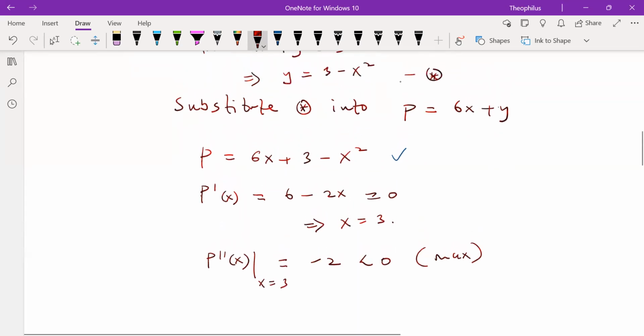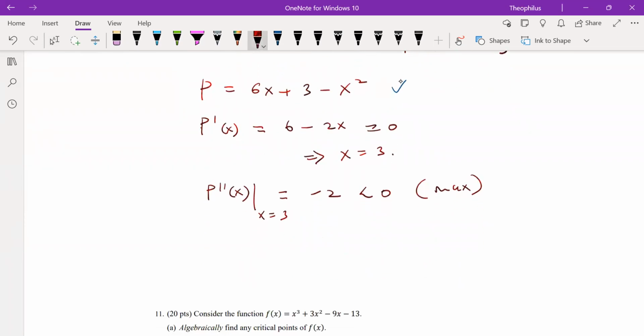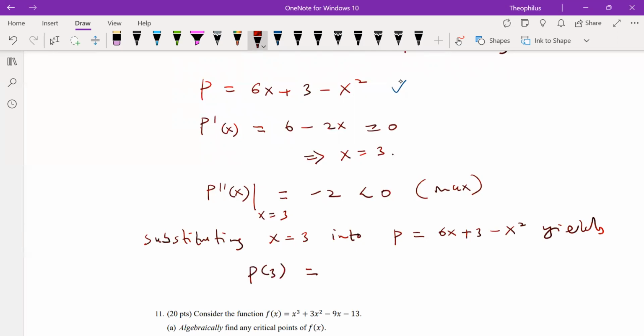But then to find its value, what we need to do is substitute this x equal to 3 into the main problem. So, substituting x equal to 3 into it yields the result.